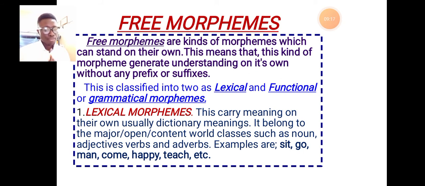Free morphemes are kinds of morphemes which can stand on their own. That means this kind of morpheme generates understanding on its own without any prefix or suffix. What I'm saying is that free morphemes generate meaning and understanding on their own without depending on a prefix or suffix to get another formation.